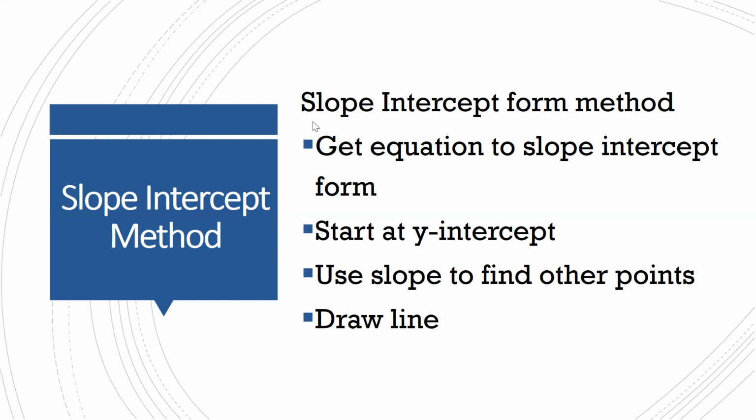But any line that can be easily put into slope-intercept form or difficultly put into slope-intercept form can be done using this method. And hopefully you see the advantage to slope-intercept form is it's pretty quick compared to the finding points method we did in the last video.